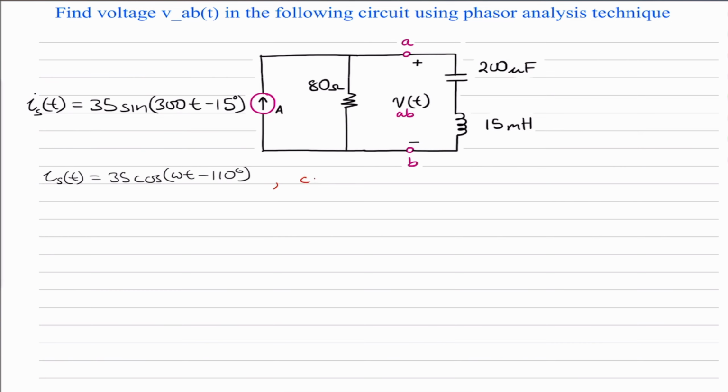We achieve that by using the trig identity: cosine of x is equal to plus or minus sine of x plus or minus 90 degrees. We can then write this as 35 with an angle of minus 110 degrees, and this is in amps.